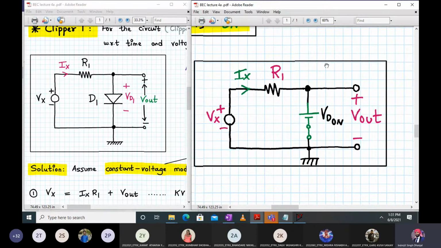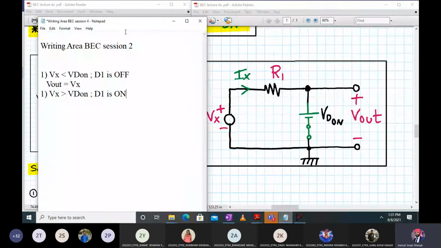But what will be my output voltage? What will be my Vout in this case? Yes, it will be VD on because this voltage is in parallel, and you know that voltages in parallel remain the same.